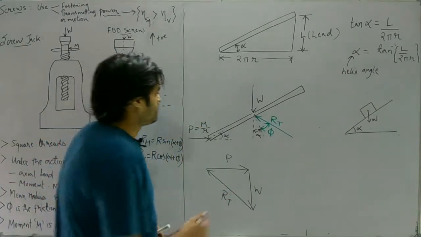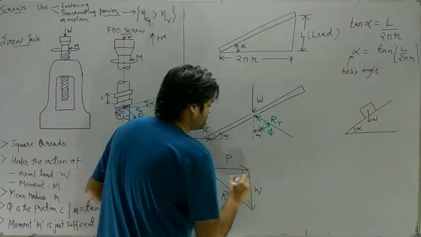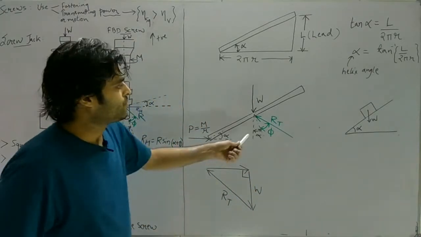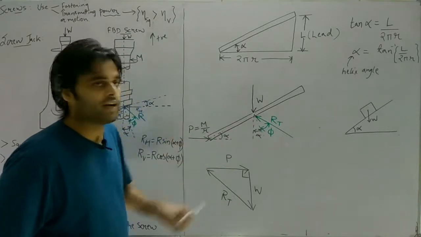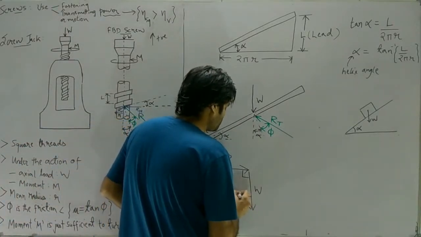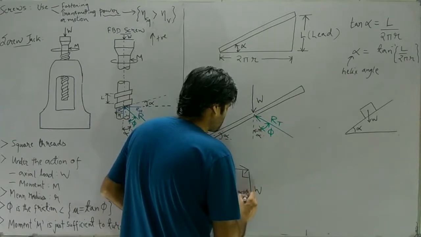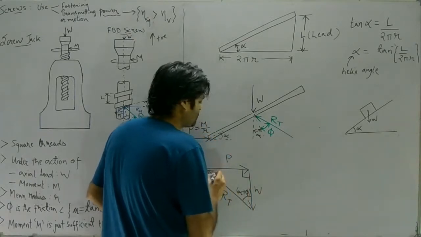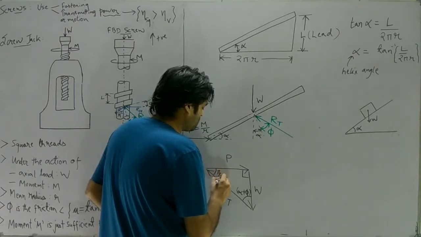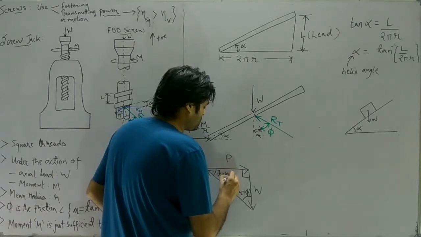We know that this angle is 90 degrees and R total is forming angle alpha plus phi with the vertical. Alright, now this will be pi by 2 minus (alpha plus phi).